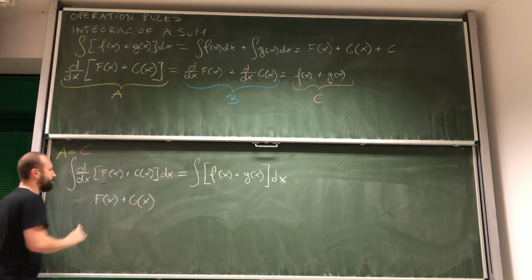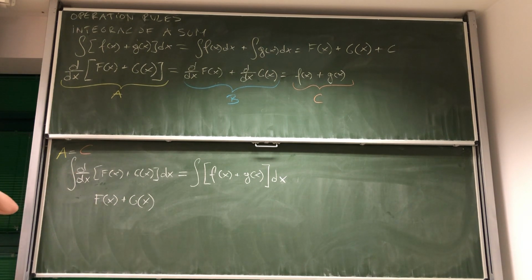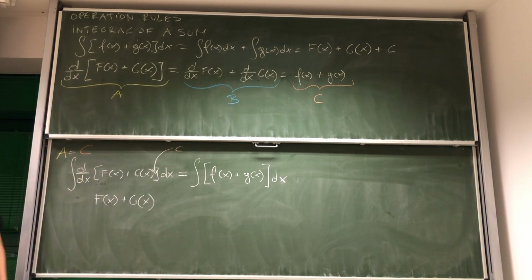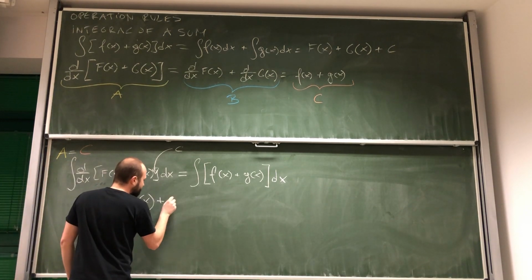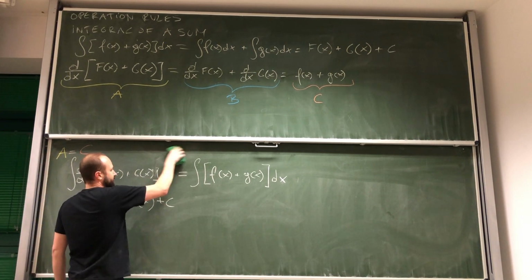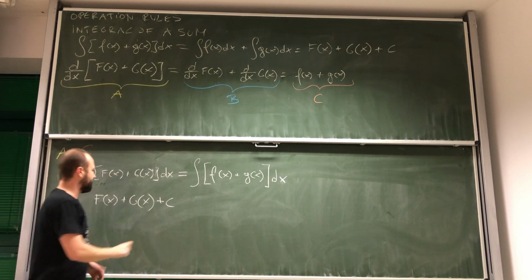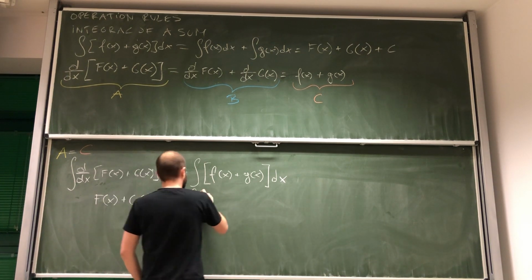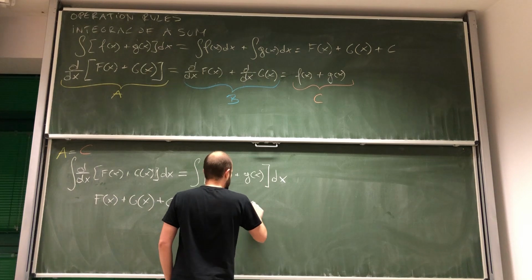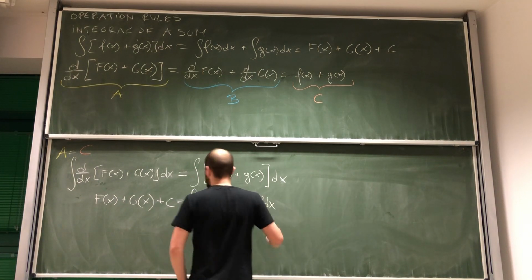But of course remember, because here we might have had some constant hidden and now we don't know about it, it's better to be safe and introduce an arbitrary constant over here. And this is the integral of f of x plus g of x dx.